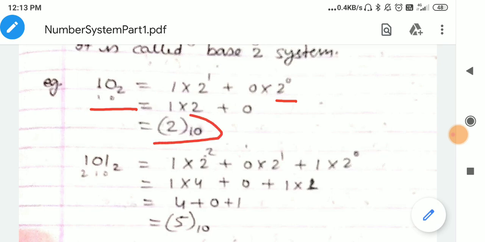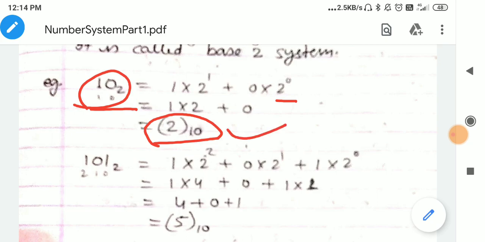As you can see, this 2 I have written here in base 10, which means binary 10 is equivalent to 2 in the decimal number system. I have converted one binary number, 10, to a decimal number, 2.